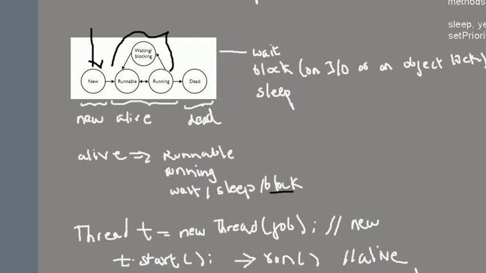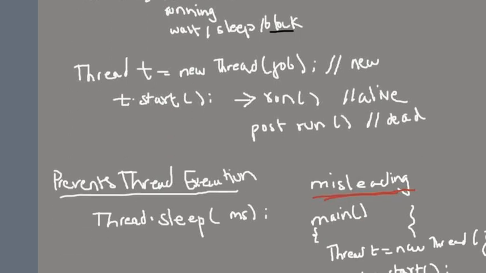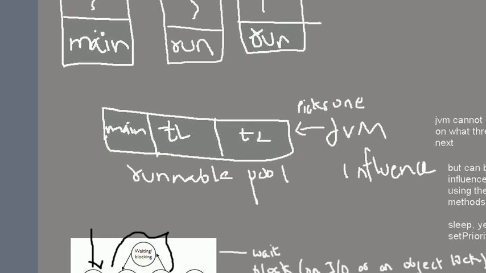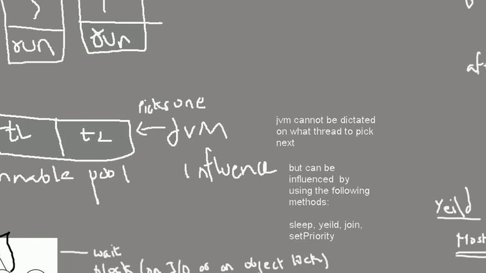It might be kept in wait within the run method. It might just be put to sleep by the sleep method. Alright, so you cannot dictate to the JVM which thread to pick up next, but you can influence it by certain methods like these ones here.